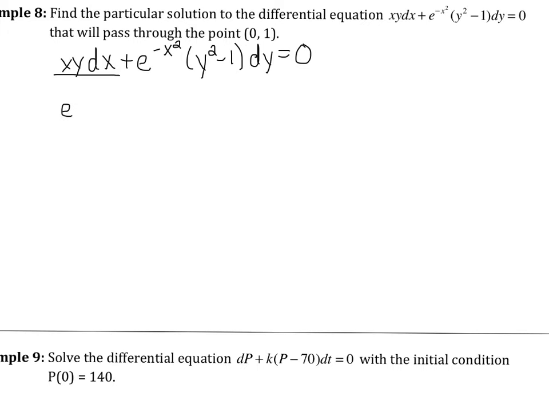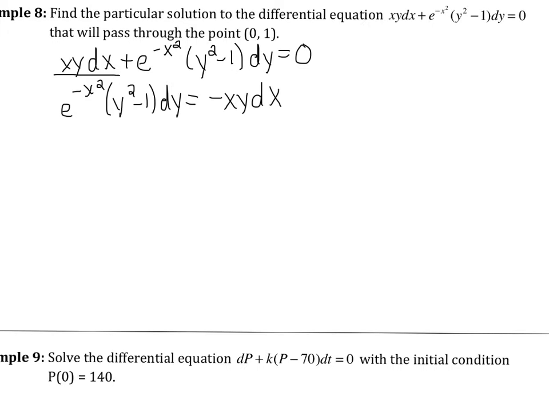So that will give us e to the negative x squared times all of this business over here equals negative xy dx. Okay. So we've established which side is the y side, which is the x side, and now let's just move everybody to the appropriate location. So I'm going to sort of one-shot this.